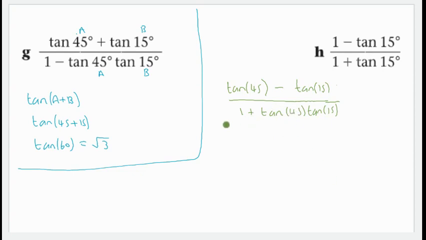Okay? And now again, doing what we were doing before, if we say this is A, this is B, this is A, this is B, that is supposed to be a 45.